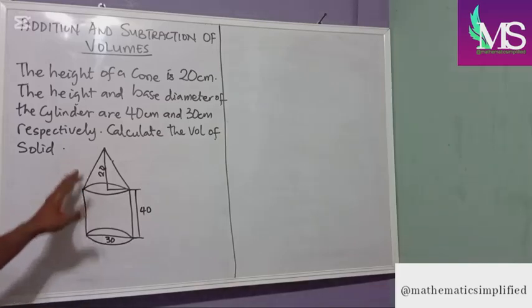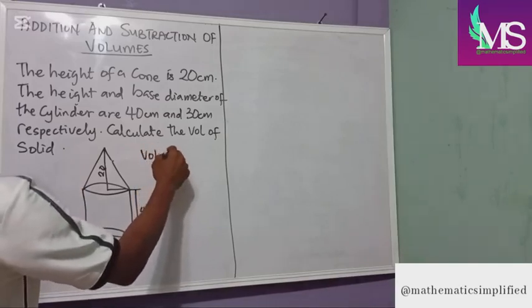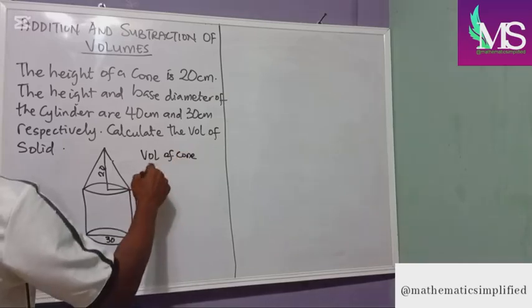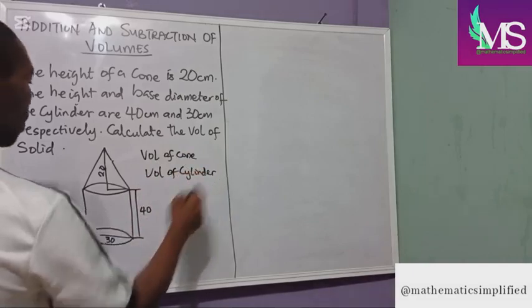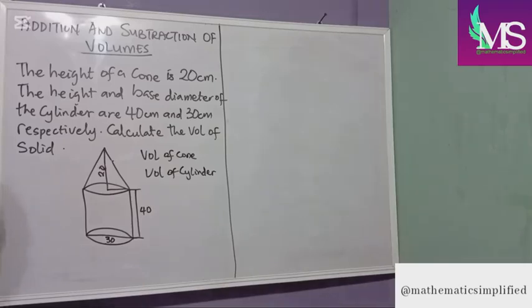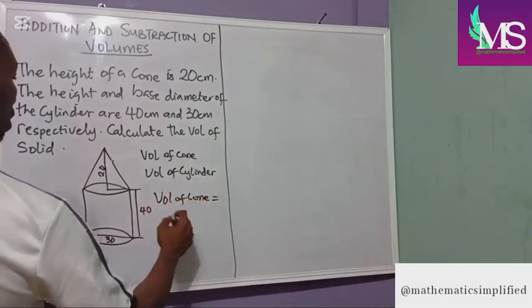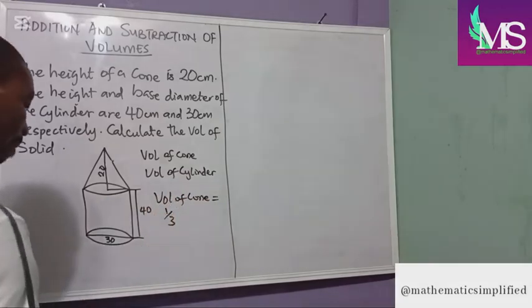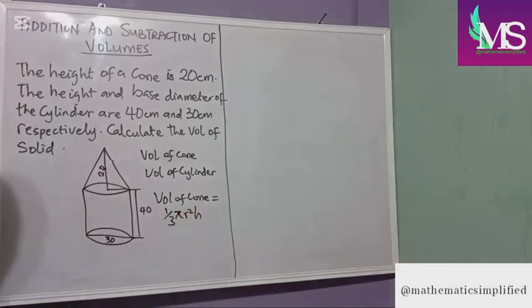Now, in order to calculate the volume of this solid, we'll calculate the volume of the cone and the volume of our cylinder. Okay, now how do we calculate the volume of a cone? If we remember, for the volume of a cone, we are having it as 1/3 pi r squared h.